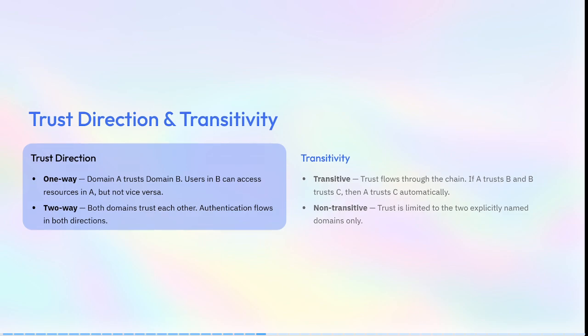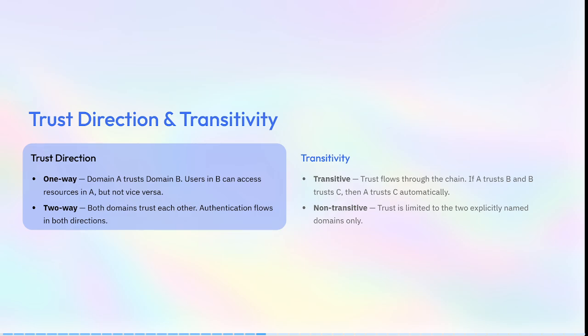Trust direction and transitivity. Trust direction. We talked about one-way traffic and two-way, right? One way means domain A trusts domain B. Users in B can access resources in A, but not vice versa. So this is a one-way trust relationship.